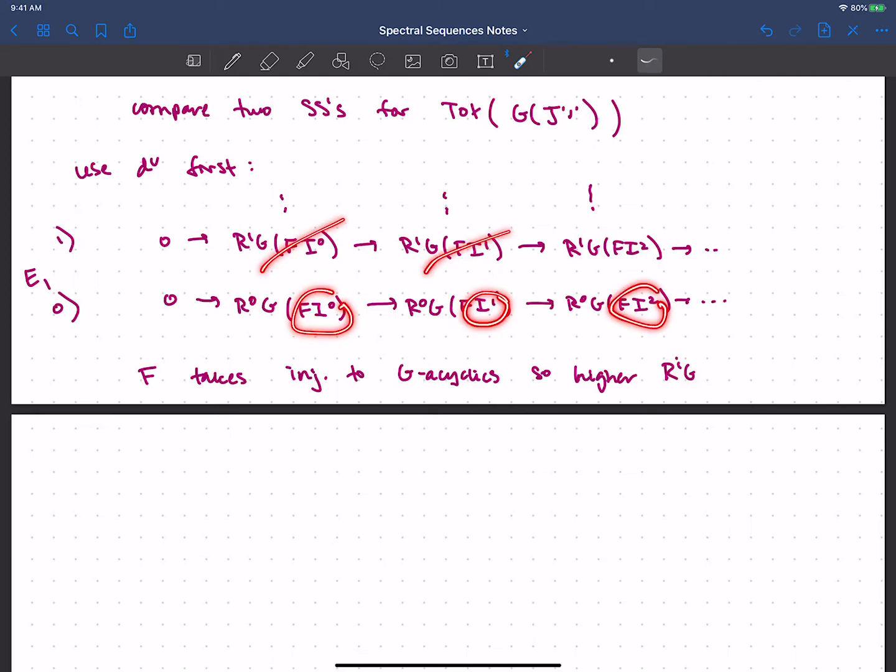And so all the higher derived functors should disappear. So actually let me cross that out. These higher right-derived functors are all 0, not in general as functors, but on these particular kinds of objects. Then all we're left with is this stuff in degree 0 here. But what is that? Well, remember that the 0th derived functor is just the functor, right? Ext 0 is Hom, Tor 0 is just tensor.